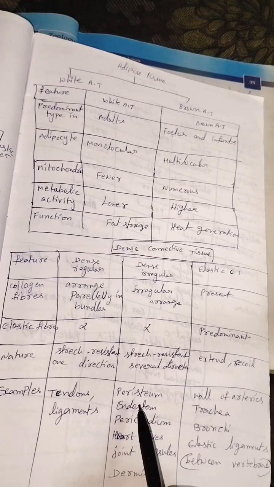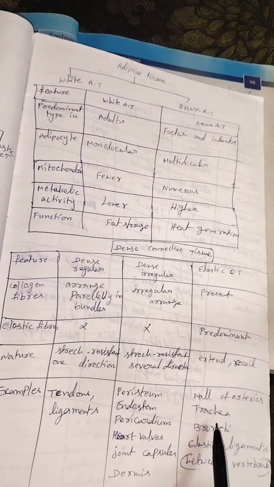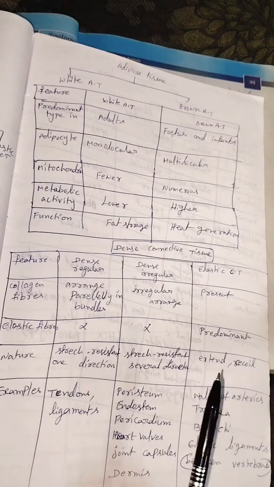Dense irregular, stretch resistant in several directions: periosteum, endosteum, pericardium, heart valves, joint capsules, dermis. Next, elastic: wall of arteries, trachea, bronchi, elastic ligaments between vertebrae. So these are the main features of dense connective tissue.